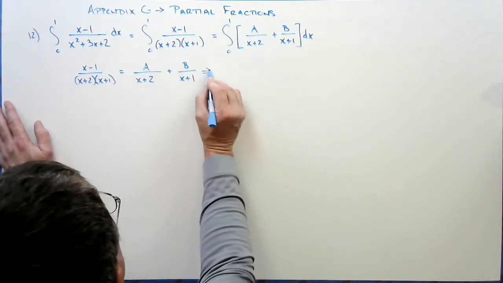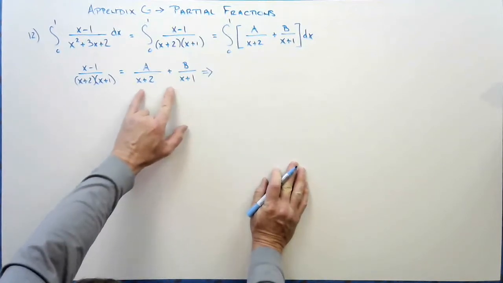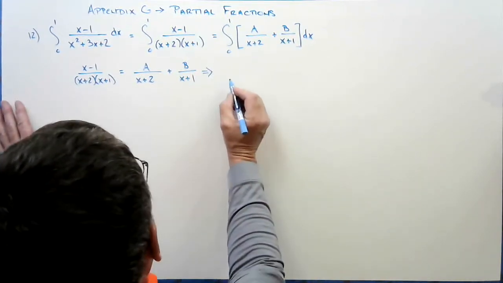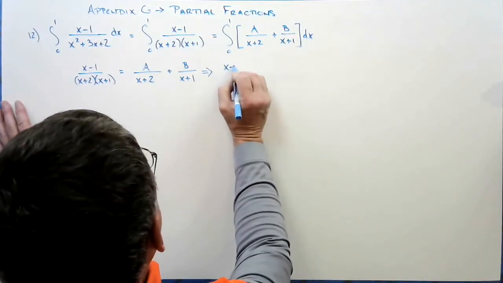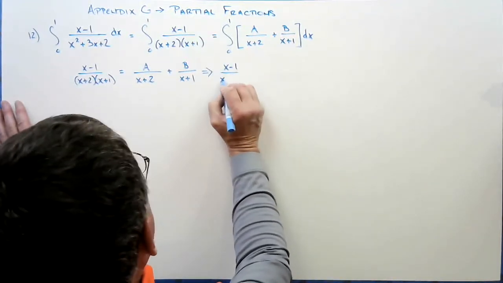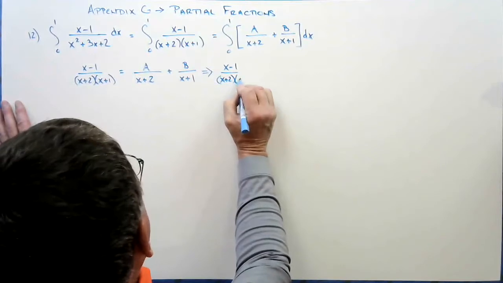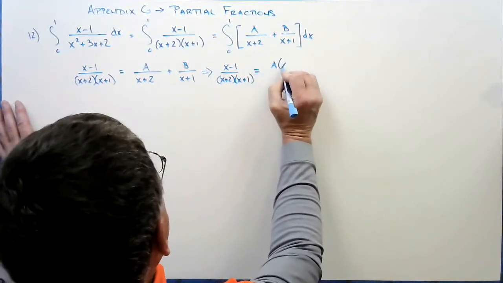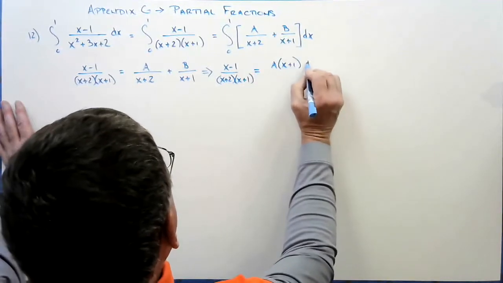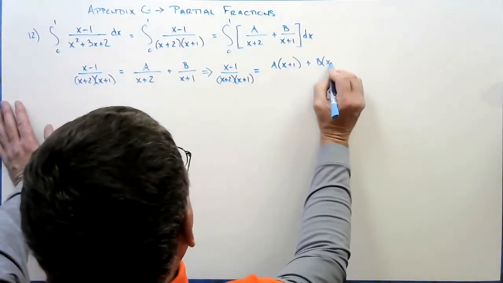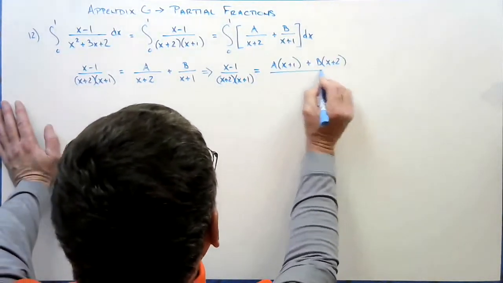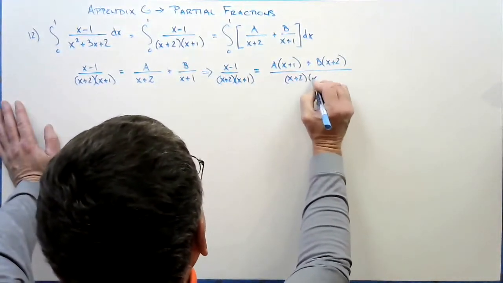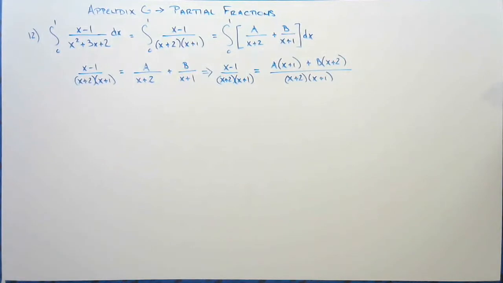Now, from here, we could get a common denominator on the right-hand side. If we did that, we would end up with x minus 1 over x plus 2 times x plus 1 is equal to A times x plus 1 plus B times x plus 2, divided by x plus 2 times x plus 1.